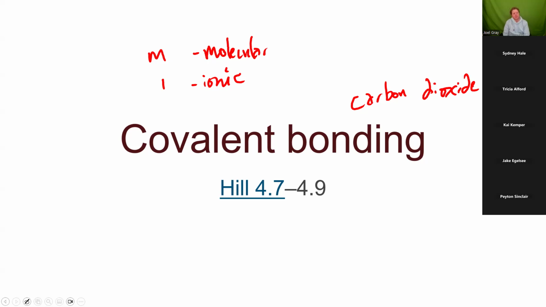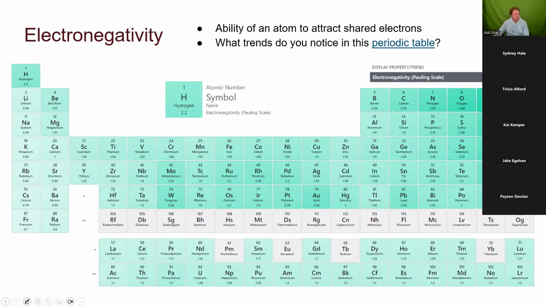If you want to use my example there, carbon dioxide, I'm going to jump to the next slide and show you the periodic table. When a nonmetal like carbon and a nonmetal come together, what type of compound do they make?